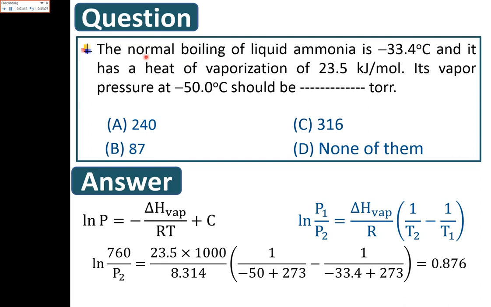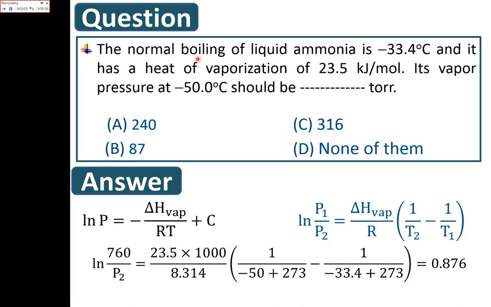And I'm not supposed to tell you in the exam that the normal boiling point is given at 1 atmosphere. So if I asked you for water, for example, the normal boiling point for water is 100 degrees Celsius at 1 atmosphere.